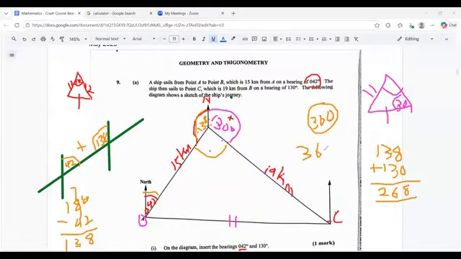Did anybody take it away as yet? And if you did, what did you get? Did anybody take it away? Oh, is it that everybody's sleeping? What's going on? Okay, 92 degrees. That's probably correct, I guess.